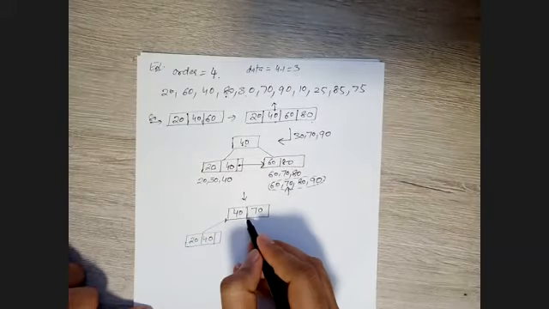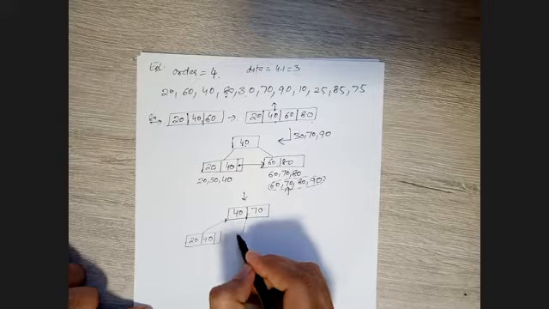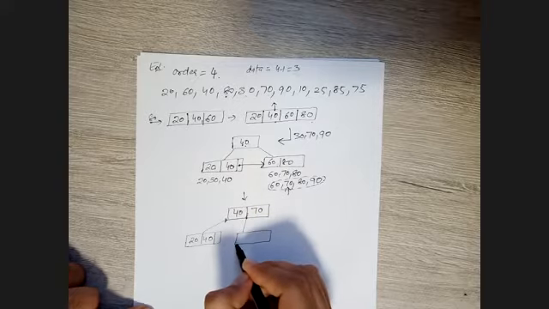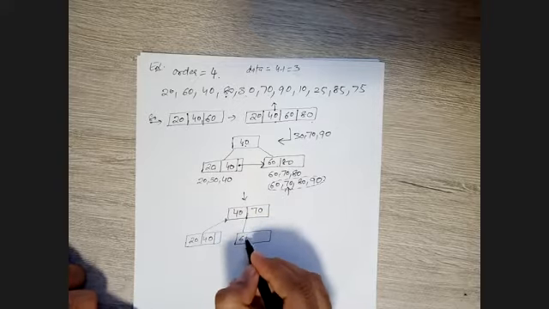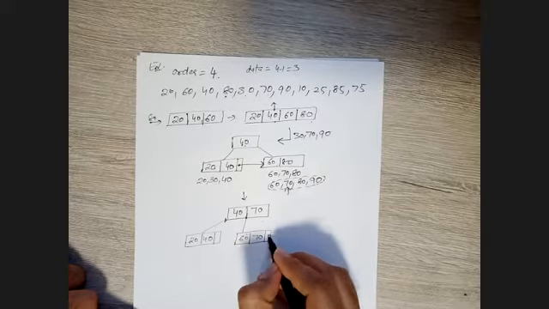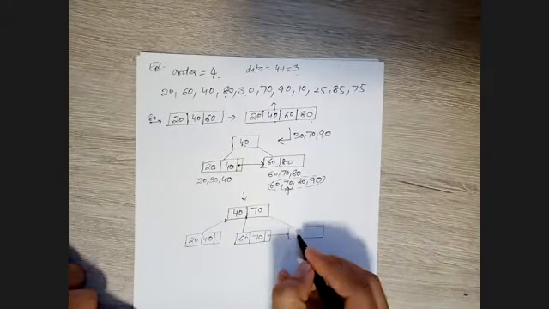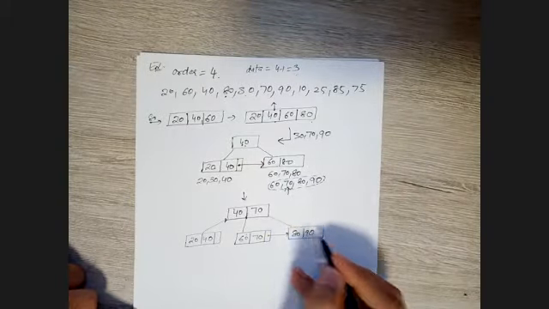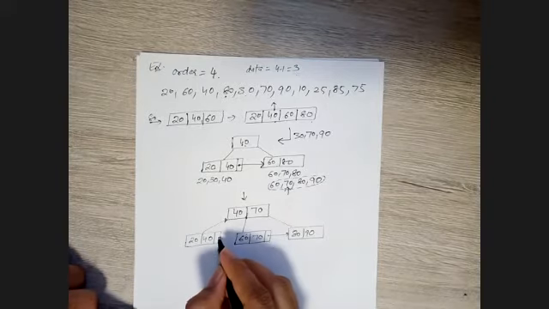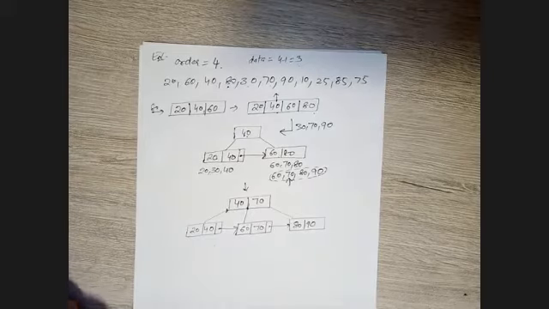And now on the left side of 70, what elements do we have? Since we follow left biasing, 60 remains as it is, plus 70 also. And this will point to the next block, over here, with the elements 80 and 90 as they are. This points to this one, right? Understood? Any doubts so far? Just let me know.